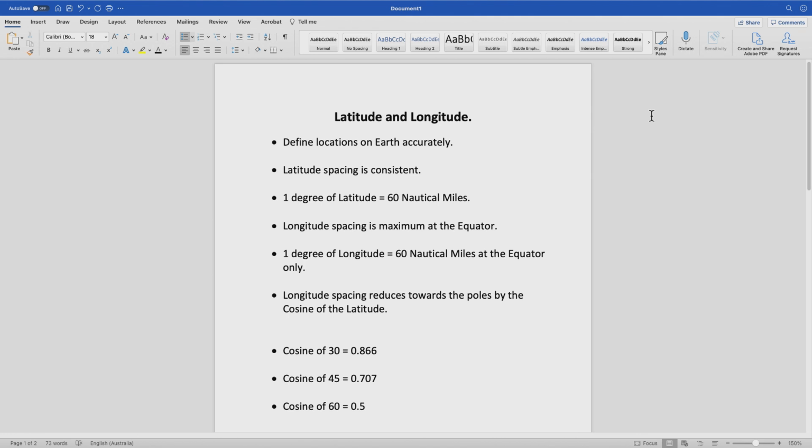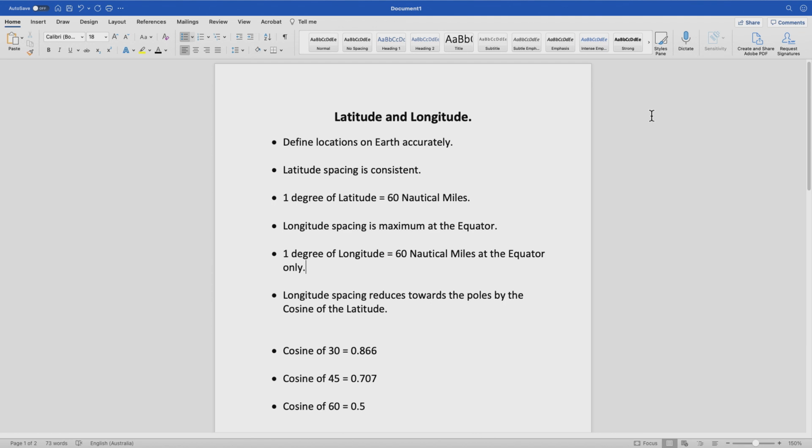Latitude spacing is consistent. 1 degree of latitude equals 60 nautical miles. Longitude spacing is maximum at the equator. 1 degree of longitude equals 60 nautical miles at the equator only. The longitude spacing reduces towards the poles by the cosine of the latitude.